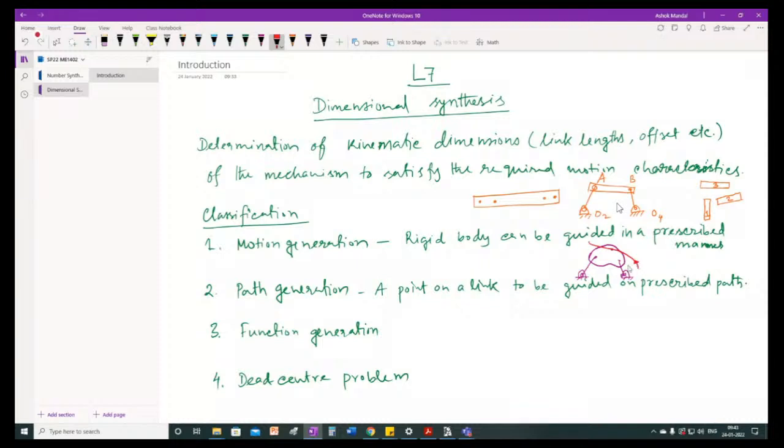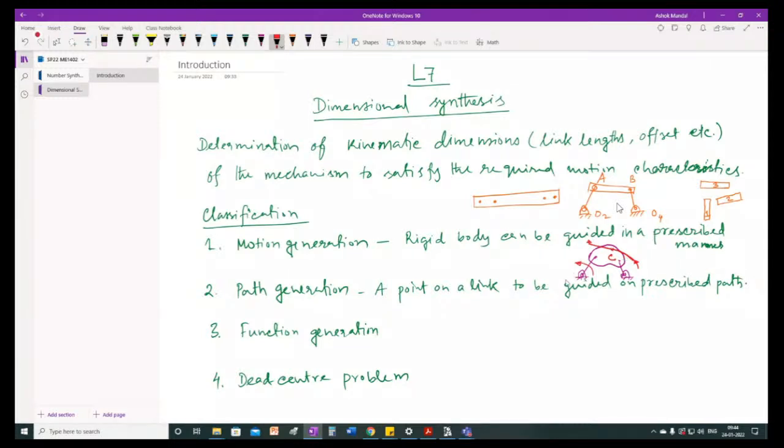When the mechanism is having motion like this, and the prescribed path, the point C, suppose this is point C, the point C must follow a path like this. Okay, and to ensure the motion of this point C along this path, we need to design the mechanism.